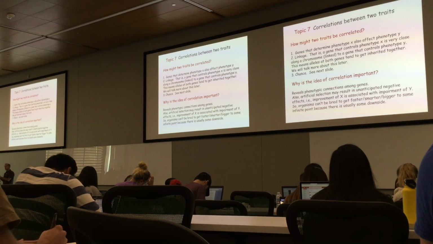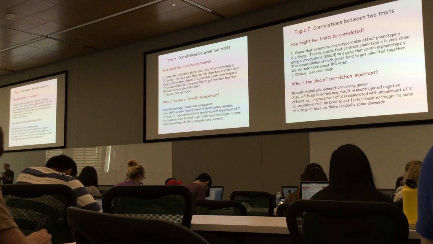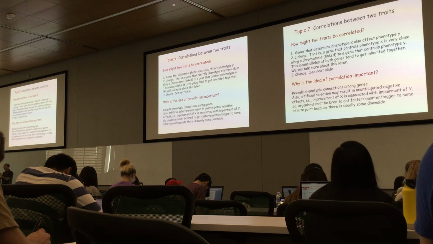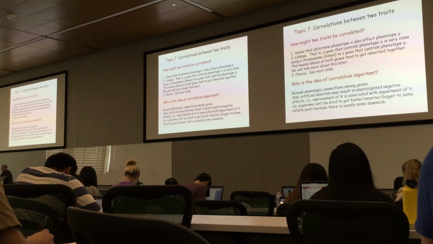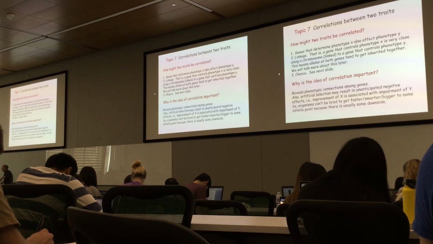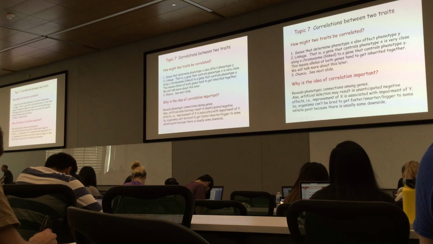So they seem to be correlated. And they'll always go together because they're so close on the chromosome. So this is a kind of unique situation where two different traits can move with one another because of the location of the genes along the length of the chromosome. So again, we'll look at this a little bit later.